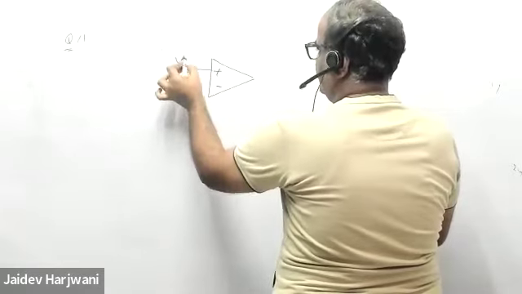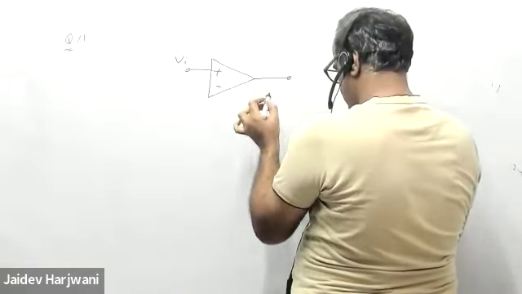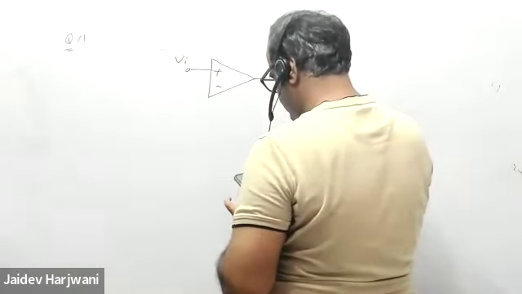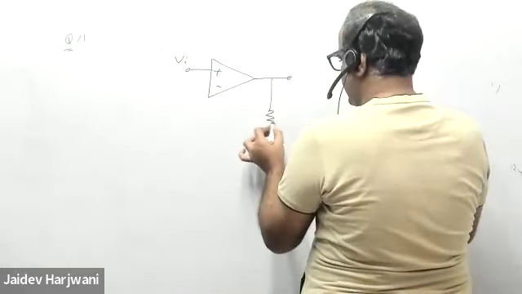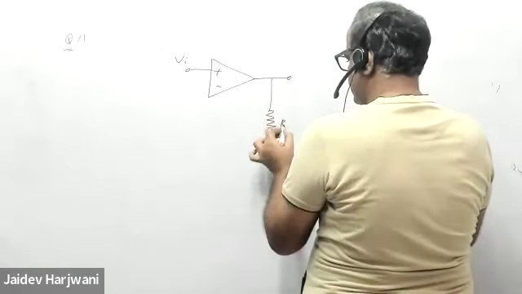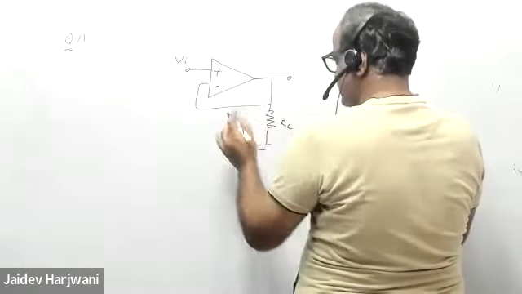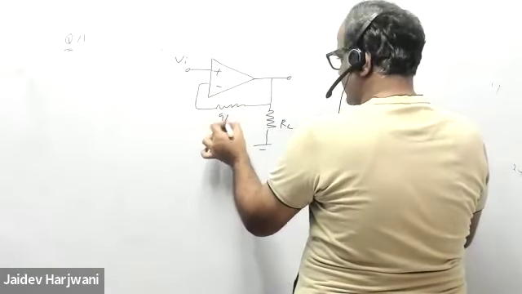Here you have a V input. Sir, I'm getting confused with the options. I don't get what the options mean. So this is you have an RL. Okay. This is 9 kilo ohm.